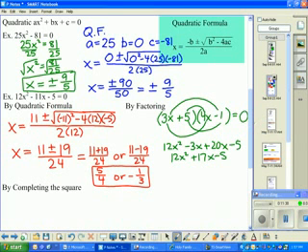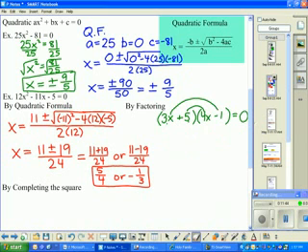So when I check that one, the middle two don't work. So I can do some rearranging. So what if I switch these around?